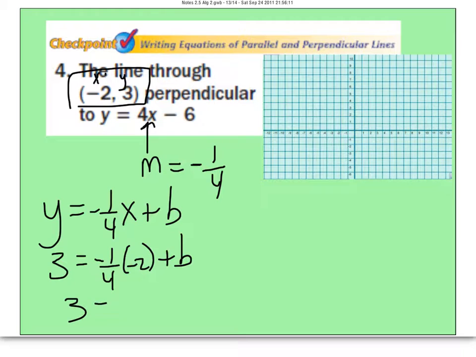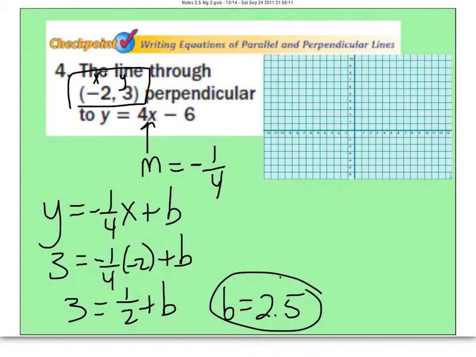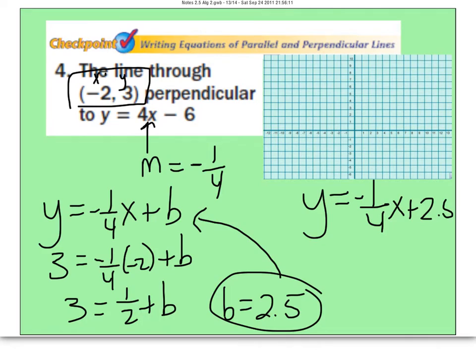This is going to become a positive 1/2. If I subtract 1/2 from both sides, I'm going to get b is 2.5. I'm going to put that back into here. So the answer here is y equals -1/4 x plus 2.5.